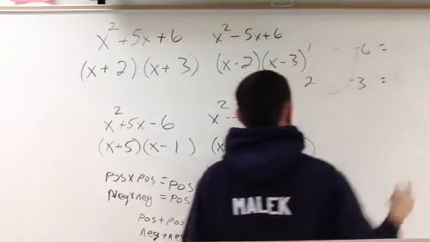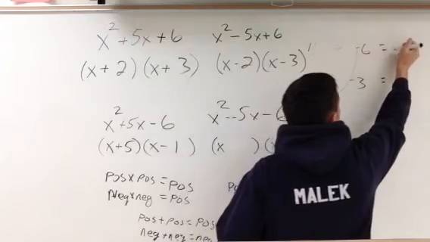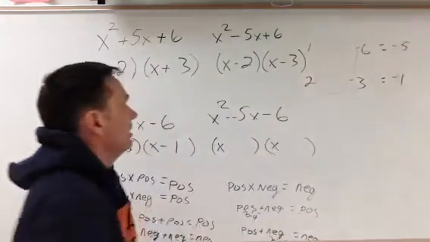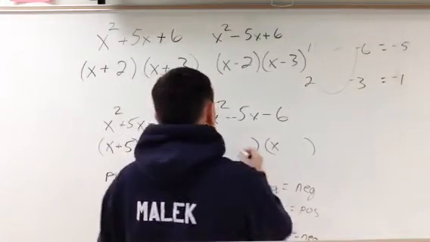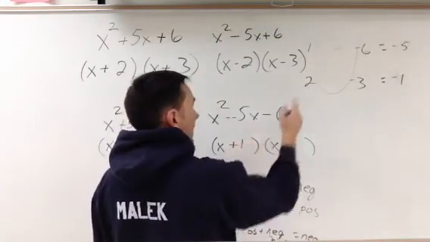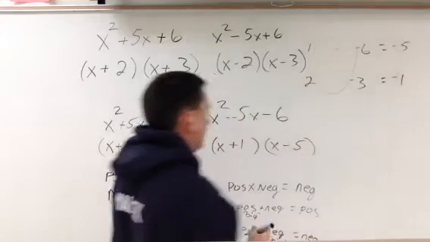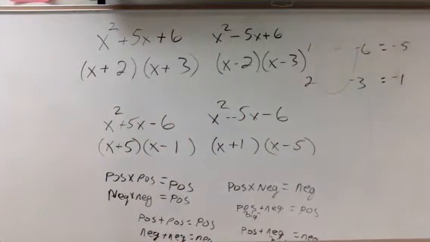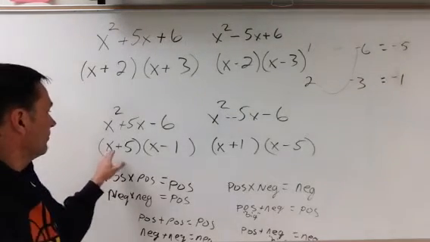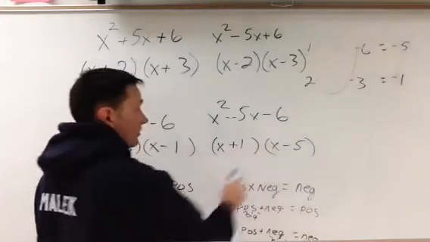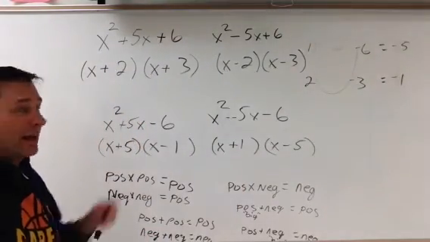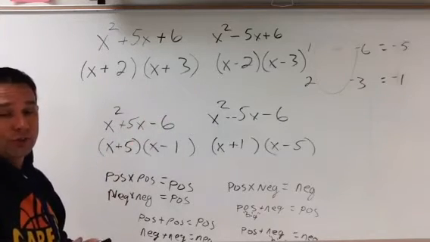I'm just kind of flip-flopping them. 1 and negative 6 is negative 5. 2 and negative 3 is negative 1. So here I can see I need a positive 1 this time and a negative 5 for that one. So when you're looking at these, I always start by factoring the x's first. Start there. Then think of what kind of signs you need, and then look at your horseshoe factoring.